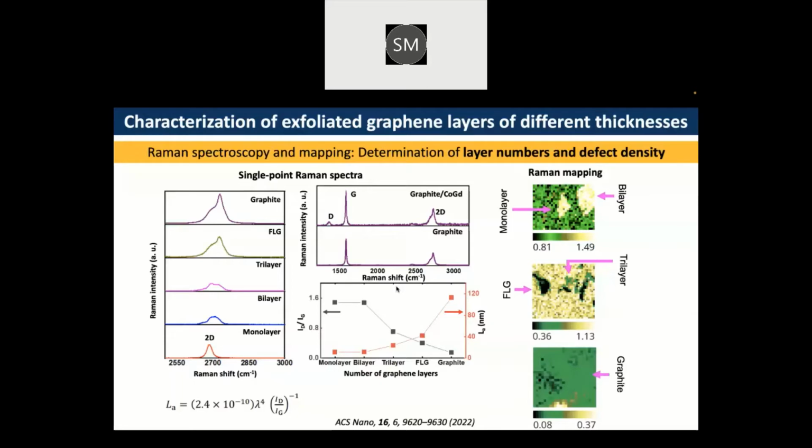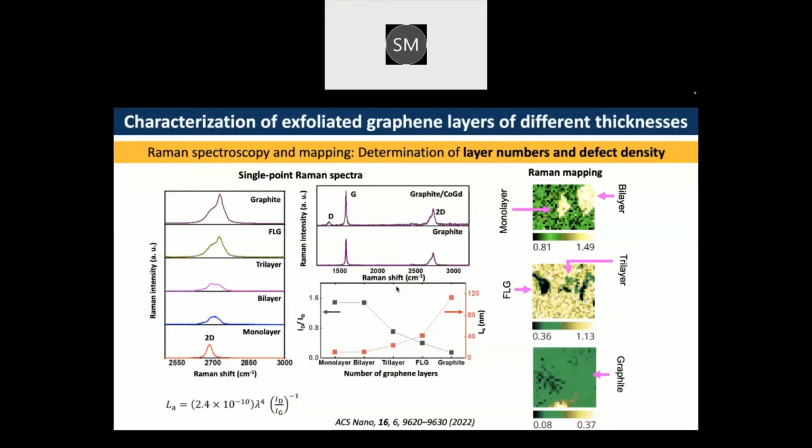But after deposition of a 10 nanometer cobalt gadolinium layer with 4 nanometer tantalum capping, we have found that a defect peak arises in the spectra. The ratio between D peak and G peak intensities reveals that the monolayer graphene accommodates more defects than the thicker layers, because the ratio is decreasing with increasing number of layers, which indicates that the defect density is decreasing consistently.